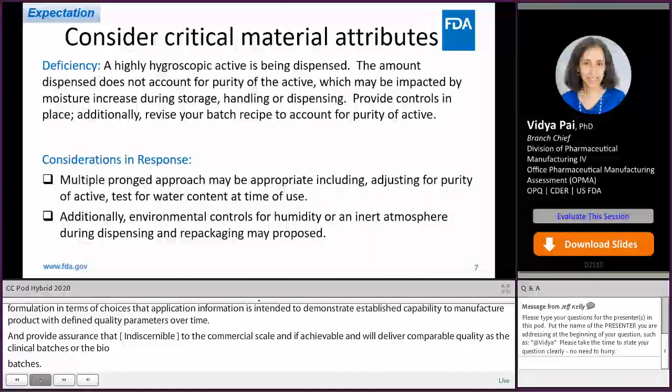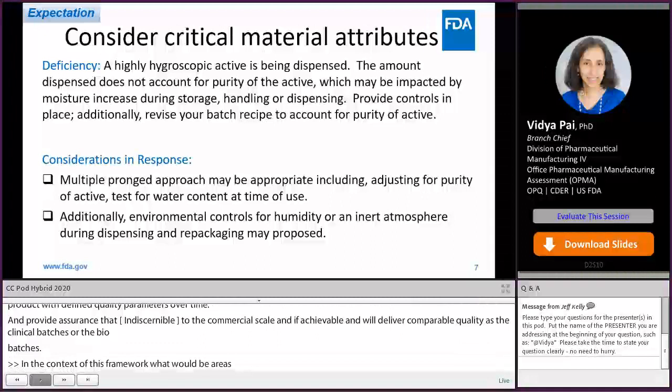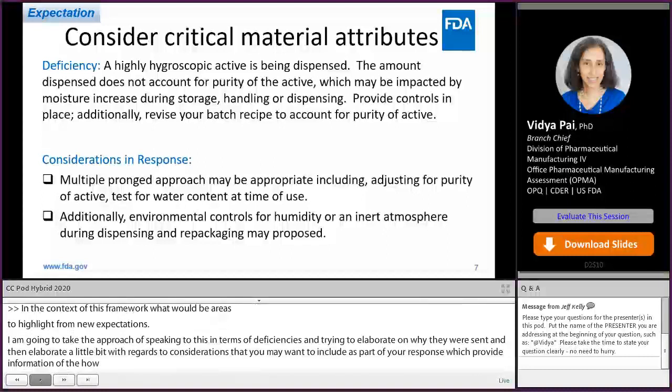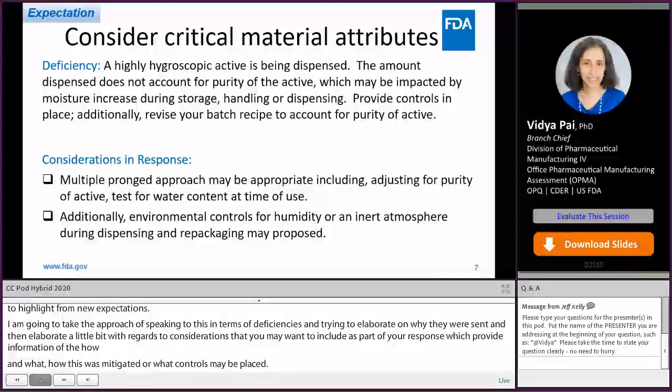I'm going to take the approach of speaking to this in terms of deficiencies and trying to elaborate on why they were sent, and then elaborate a little bit with regards to considerations that you may want to include as part of your response, which provide information on the how and what: how the risk was mitigated, or what controls may be in place. So let's start with the first one. One of the expectations would be that there is due consideration given to critical material attributes.